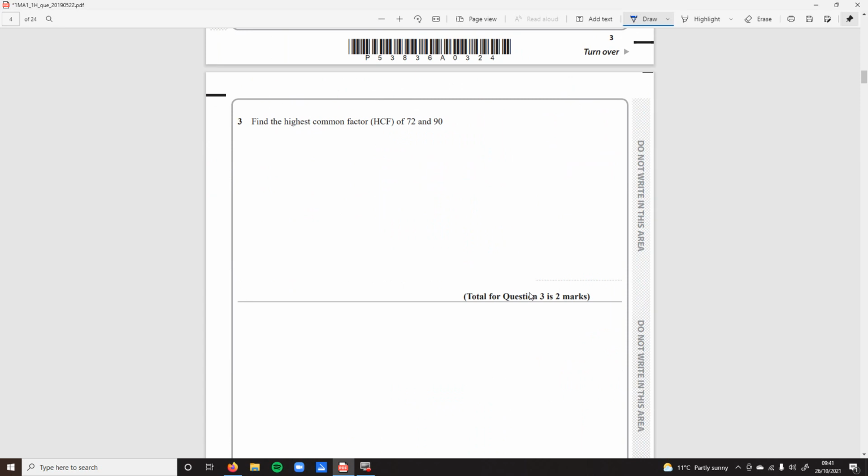Find the highest common factor of 72 and 90. Okay. 72 breaks into 12 and 6, and then 4 and 3, and 6 breaks into 3 and 2. They're both prime numbers. 3 is a prime number. 2 and 2. 90 breaks into 45 and 2, and then 9 is not a prime number.